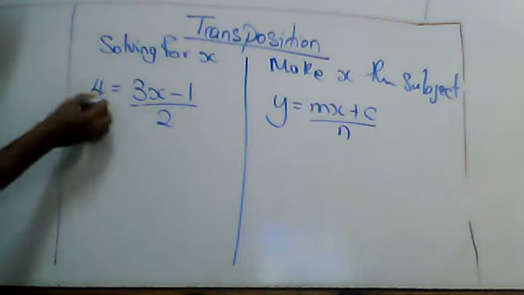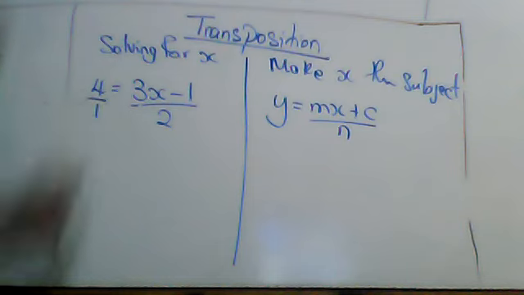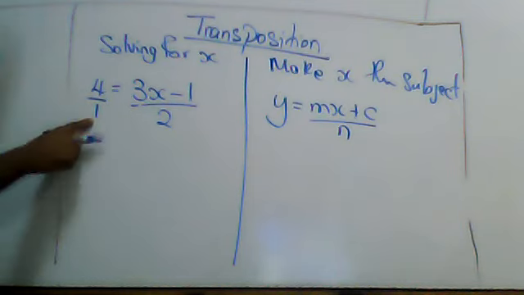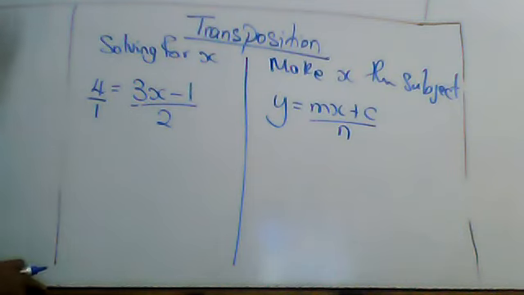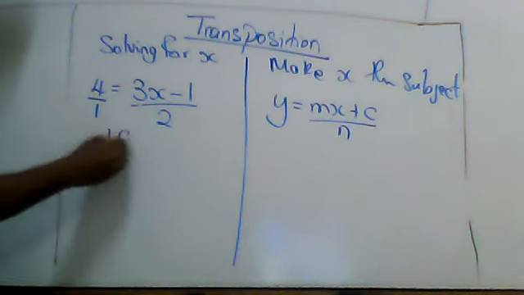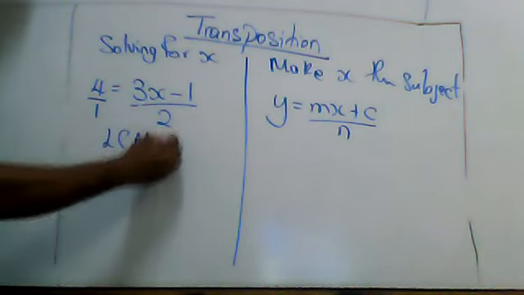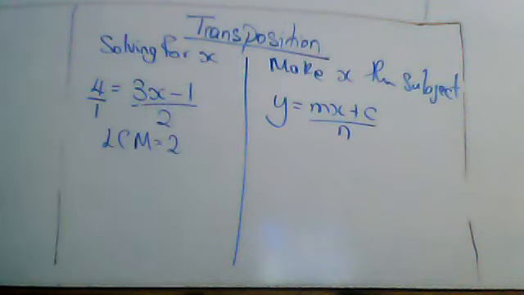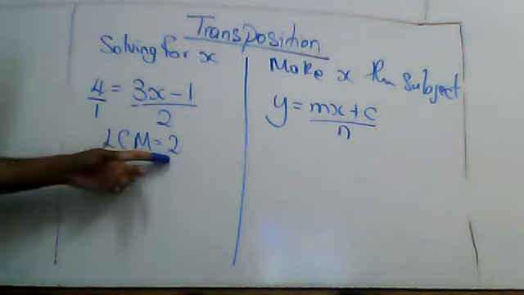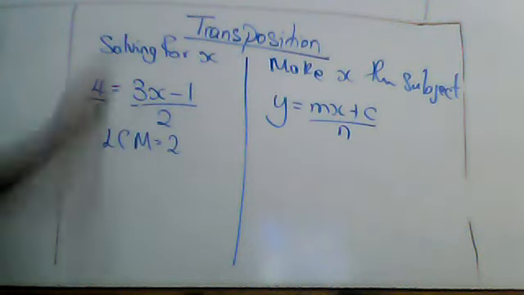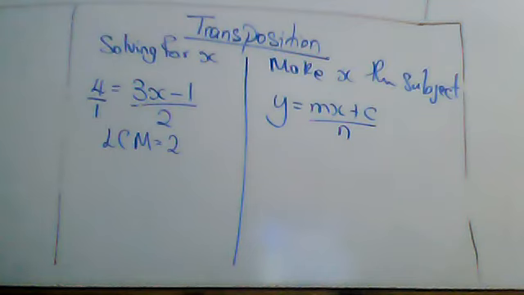So just remember that underneath this 4, there's a 1. So the LCM for 1 and the 2 would be? The LCM would be 2. So after finding the LCM, this is an equation type question. What am I going to do with the LCM?